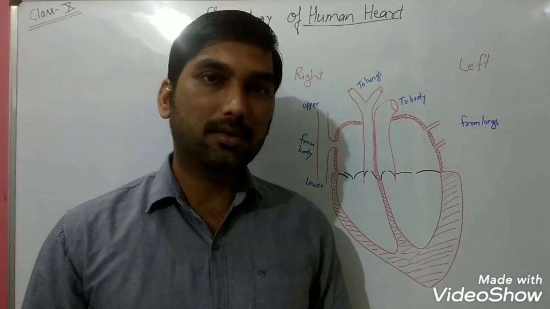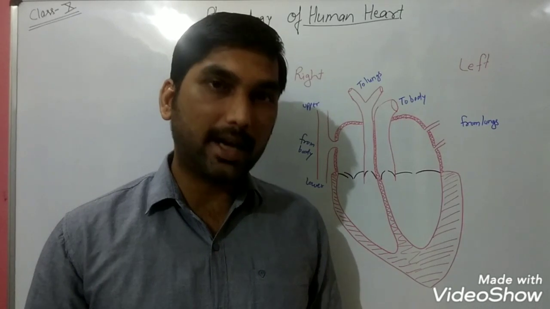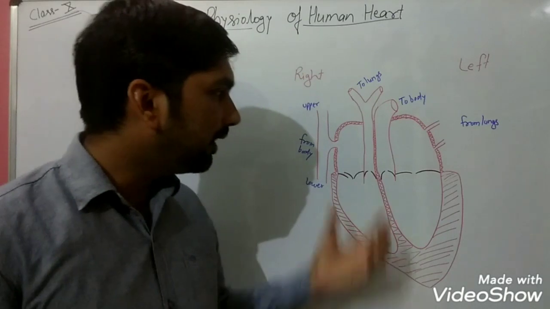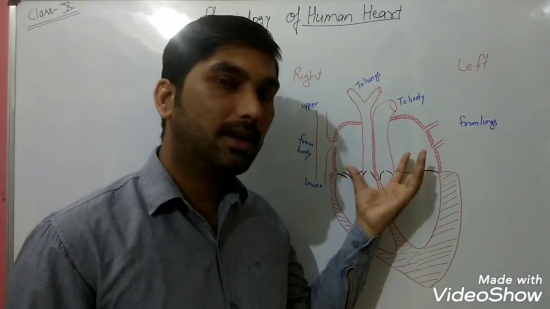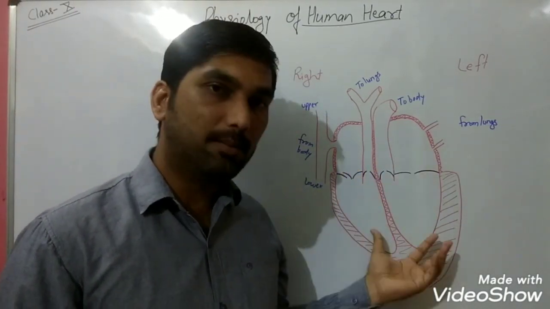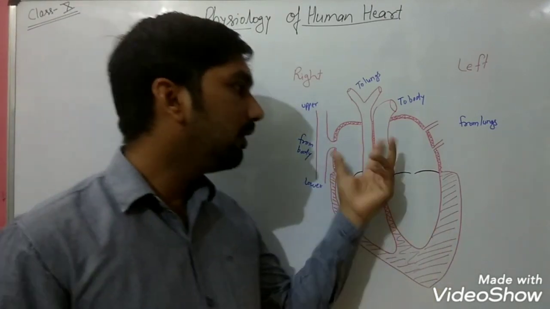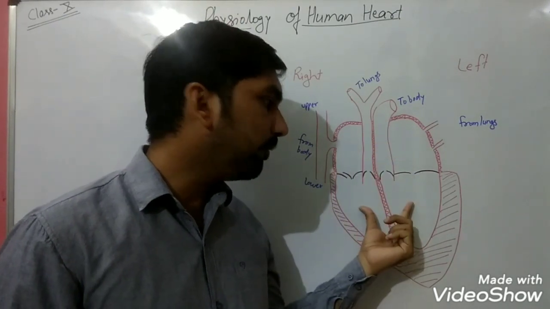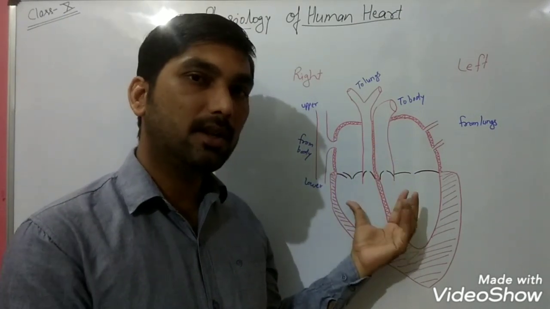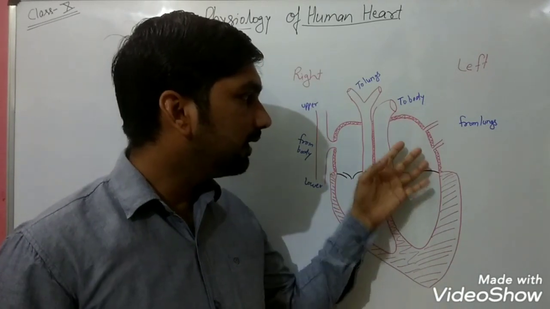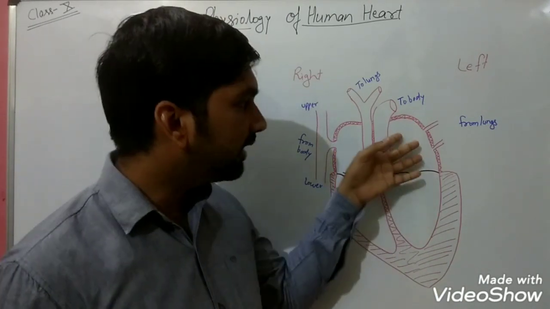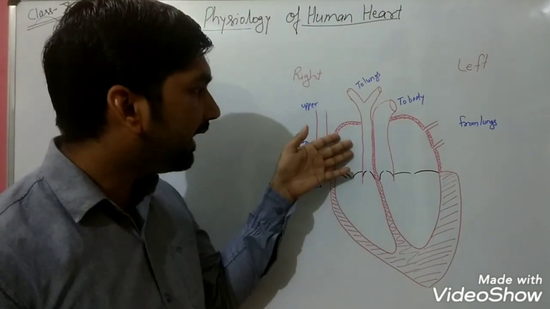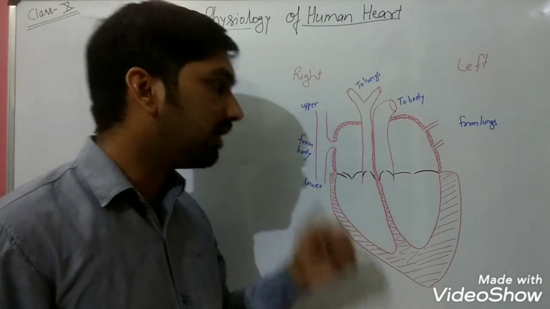In the previous video, which was based on the anatomy of human heart, we have seen that the human heart consists of four chambers, the upper two chambers which are known as auricles or atrium, and the lower two chambers which are known as ventricles. So if this is the left side, then this chamber will be what? Left atrium, left ventricle, right atrium, right ventricle.